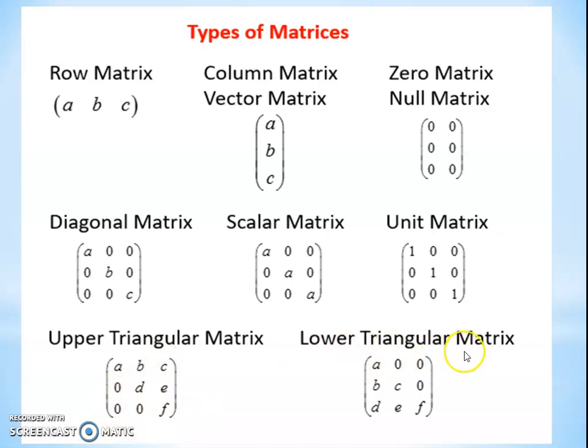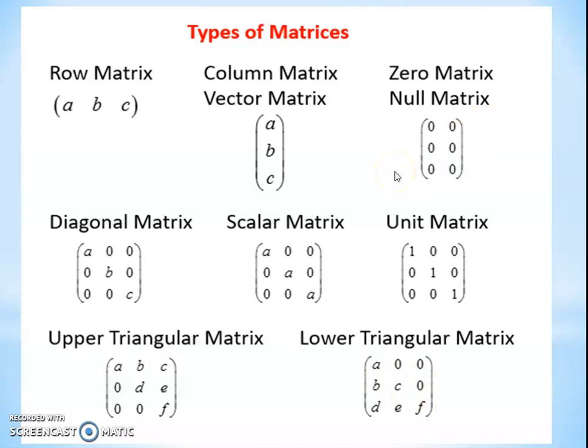Lower triangular matrix is in the form of A; B, D; E, F and C. These, A11, A21, A22, A31, A32 and A33, are all non-zero entries and the remaining entries are 0, that is, A12, A13 and A23 are 0 elements.